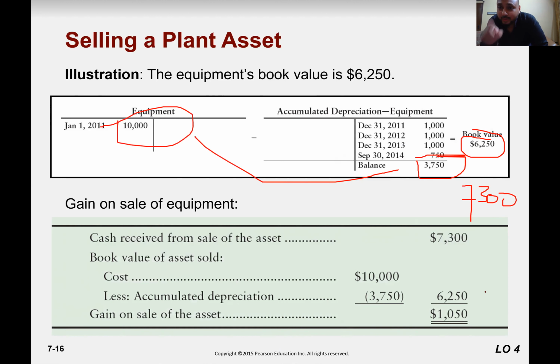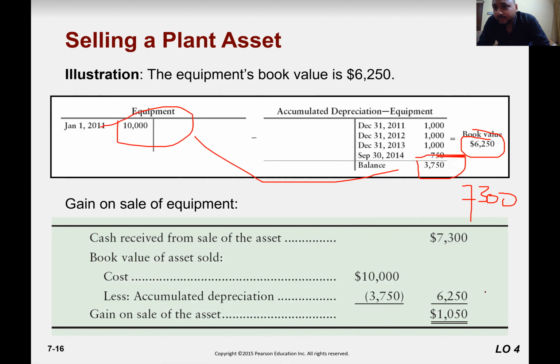According to us, its value is going to be 6,250, but we sold it for 7,300. So it is a profit, but can we call this a profit? Because this is not our normal business operation, we call this a gain.